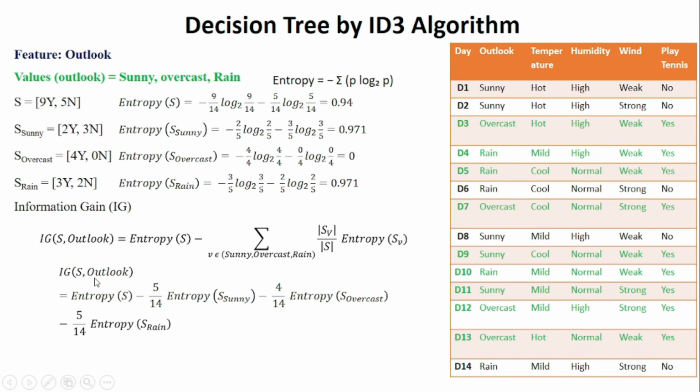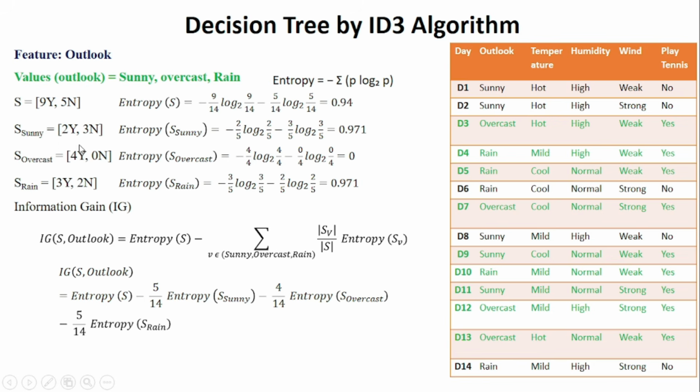Information gain of S comma outlook is given by entropy of S minus 5 by 14. Where does this 5 come from? It comes from S sunny. Out of 14 examples, we have only 5 that belong to sunny. So 5 divided by 14 times entropy of S sunny, minus 4 by 14 times entropy of S overcast.